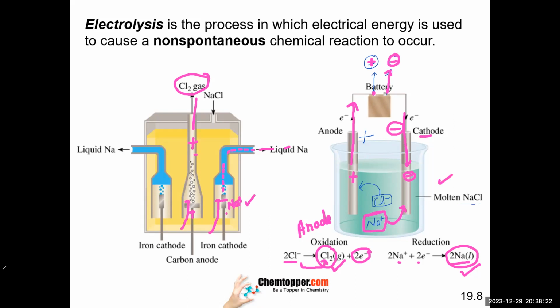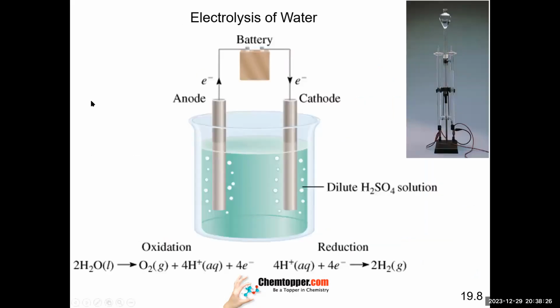We are good? Moving on, children, showing you another electrolysis, the electrolysis of water, that electrolytic cell of water. See the picture? This is a real setup. This is just for explanation. This is anode connected to positive terminal of the battery, has a positive charge. This is cathode connected to negative terminal of the battery and has a negative charge.